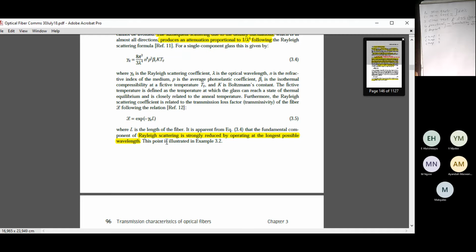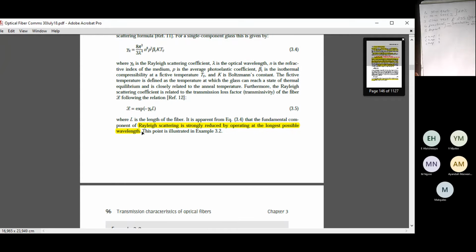How can we reduce Rayleigh scattering? It says here, Rayleigh scattering is reduced by operating at the longest wavelengths. Don't operate at the shortest wavelength. It's too much there. You must operate at the longest wavelength. In other words, the lowest frequency. That's how you get rid of Rayleigh.